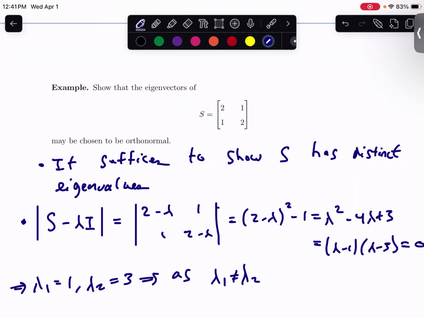So this implies that we have orthonormal eigenvectors. And then you can find those eigenvectors, but at the very least, we already know that S is now going to be similar to a diagonal matrix. So there's a lot more we can get from doing a lot less computation in this context.